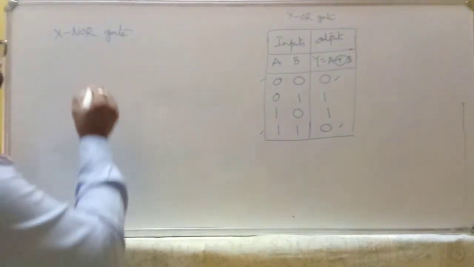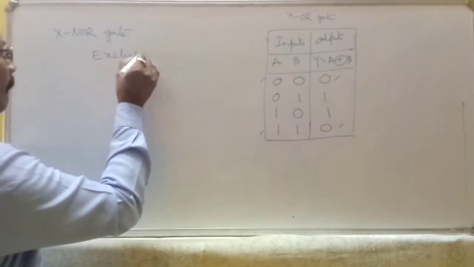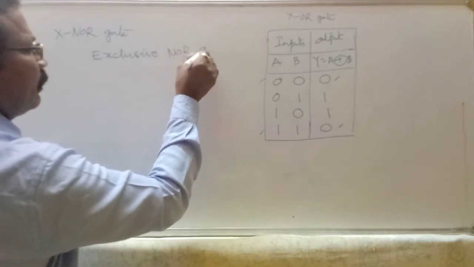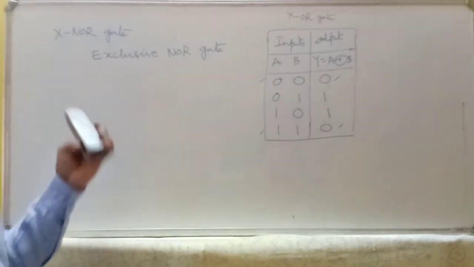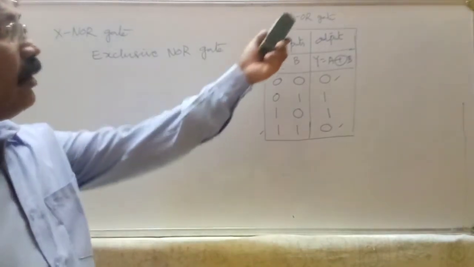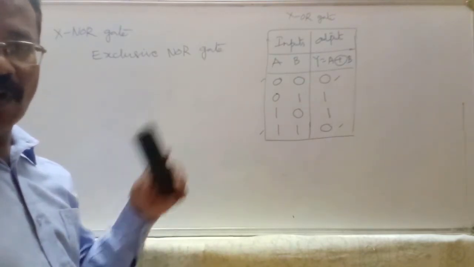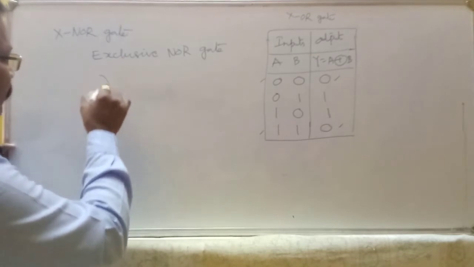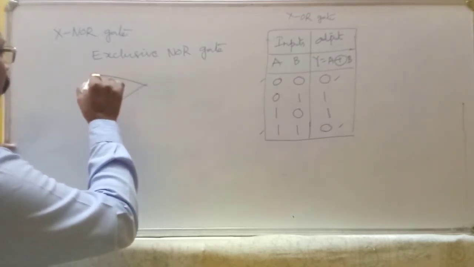This can be read as exclusive NOR gate. It is the complement, the inversion of the XOR gate, and its symbol is like this.